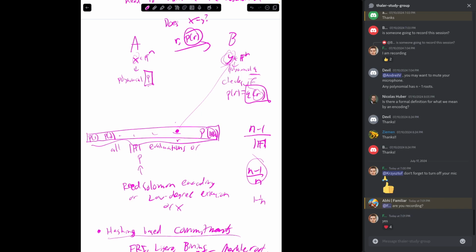Whereas if you define the Reed-Solomon encoding to have an entry for the entire field, then you're very, very, very likely to detect a difference. Basically, there are n-1 evaluations that they might agree on. So you better choose a random point in an encoding that has length much bigger than n-1. Does that make sense? Yes, sir.